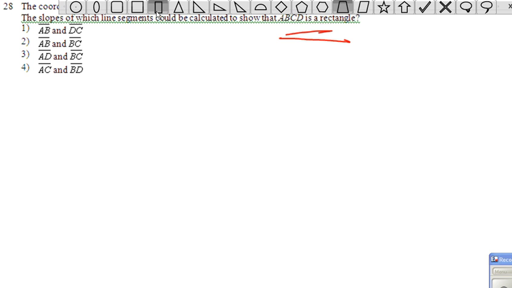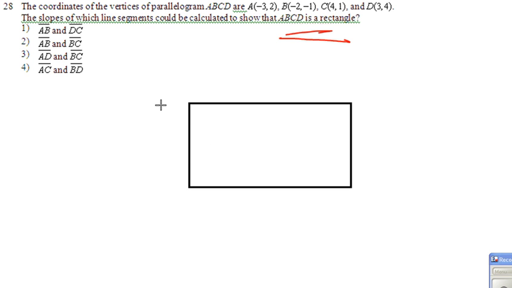Arbitrarily, I'm just going to make up a rectangle, with sides A, B, C, D. AB and DC are parallel, so that doesn't show that there's a right angle.